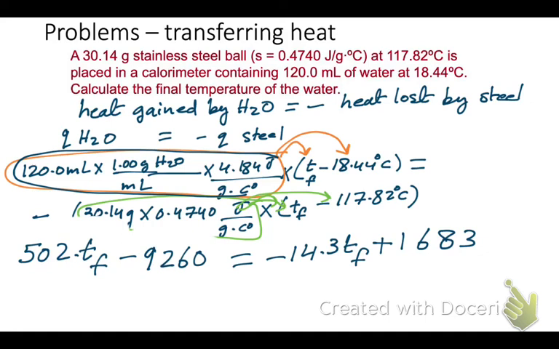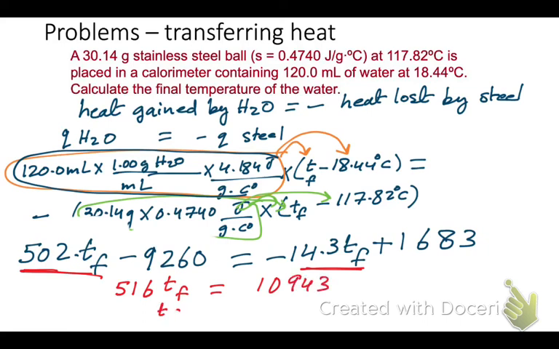So now let's just color code for a second. If you get the TFs together at one side, that means you're going to have 502 plus 14.3, so that will be 516 T final, equals to, you're going to take the 9,260 to the other side and add it to 1,683 plus 9,260, that will be 10,943.